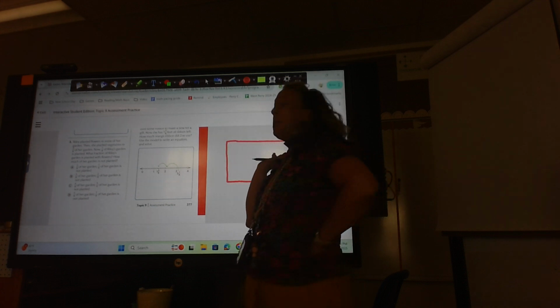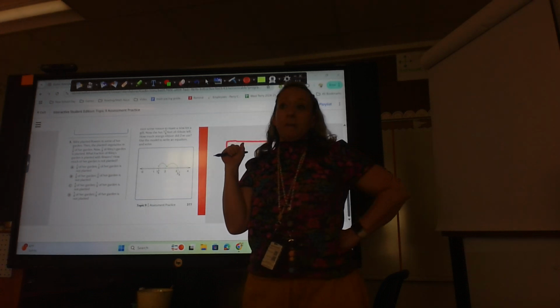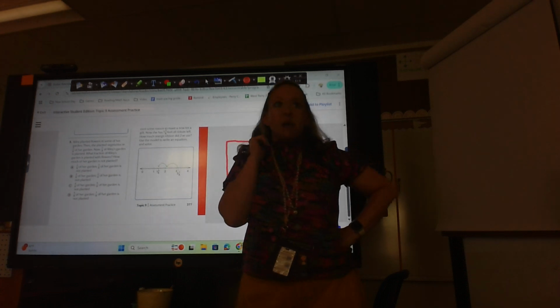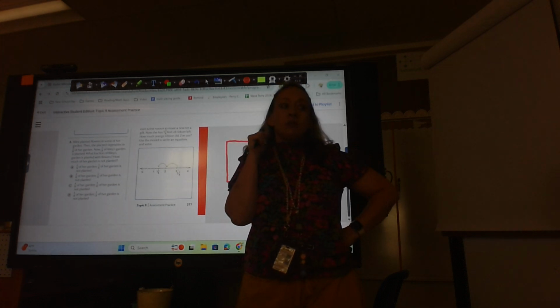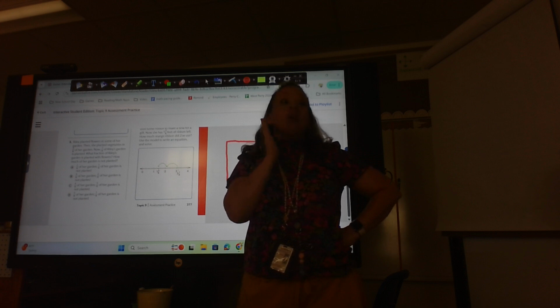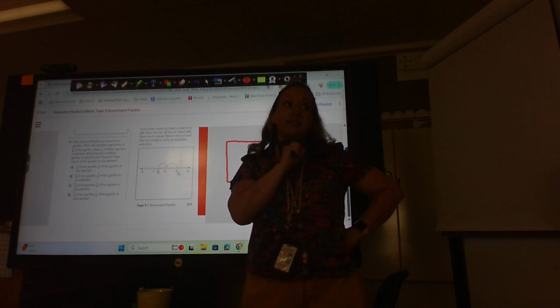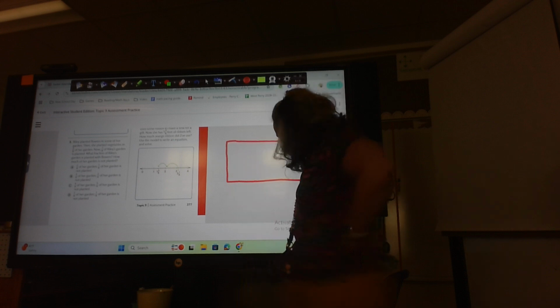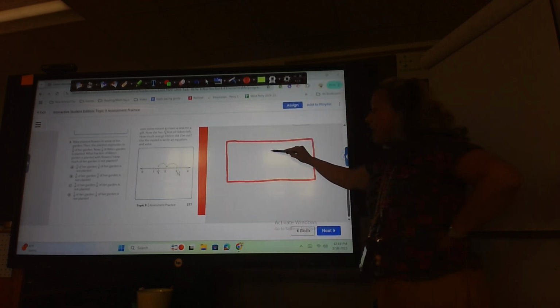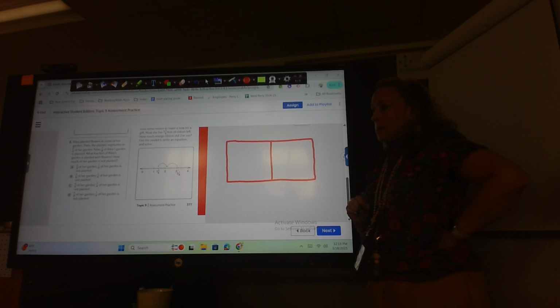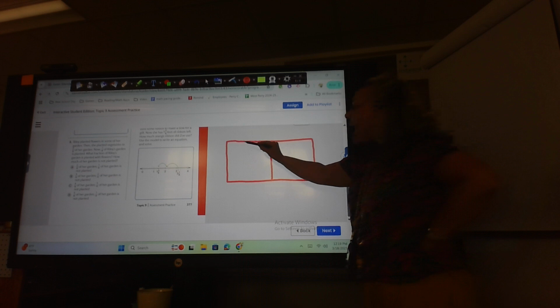So how many sections are we splitting Riley's garden into? 8. Here's what I want you to do. Millie. And please listen. I want you to split that rectangle in half. Everybody in this room should have just done that, and a lot of you are just sitting there. Okay. Half each of those.